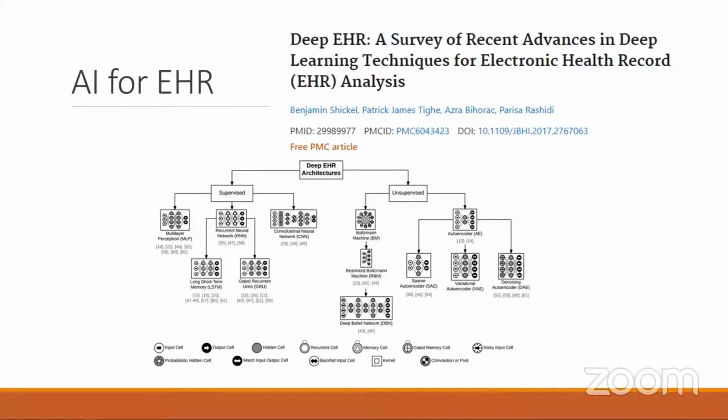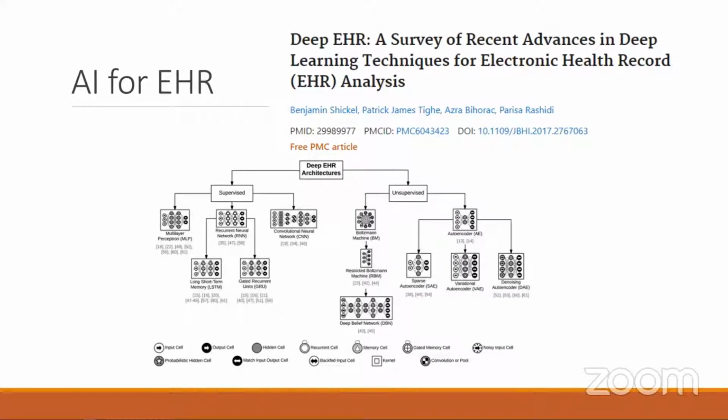Another example of how to treat electronic health records is explained in this image. In here, we can see the most common architectures for analyzing electronic health records, relying on different nodes and connection structures. If you have a closer look at this article, you can see that there is a brief introduction on what machine learning and deep learning algorithms are, followed by a functional description of its network, providing the most likely equations to use.